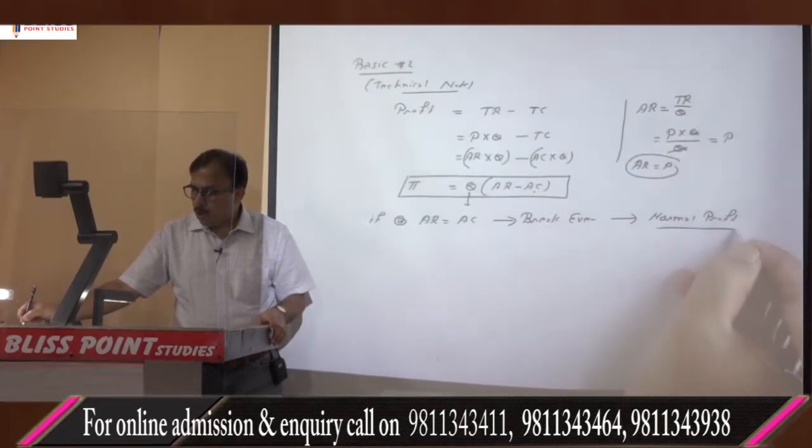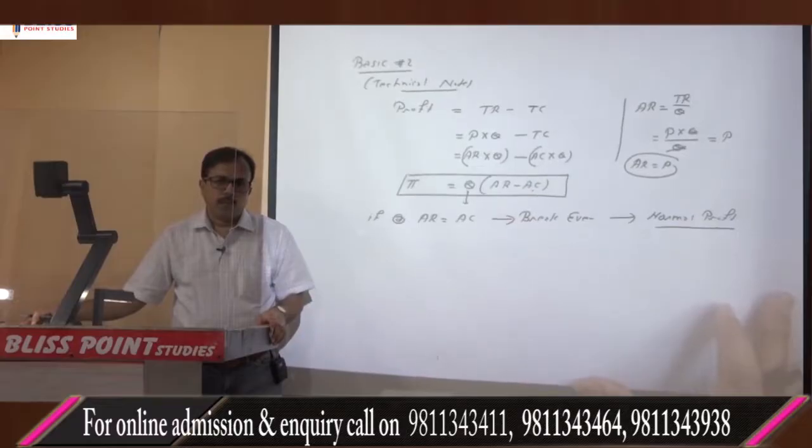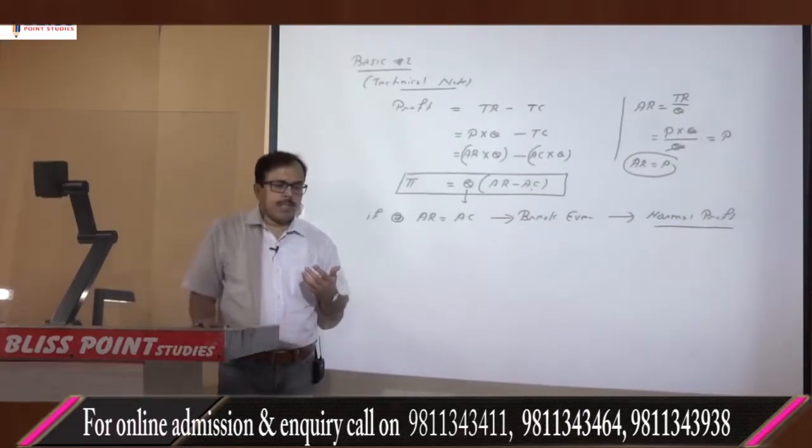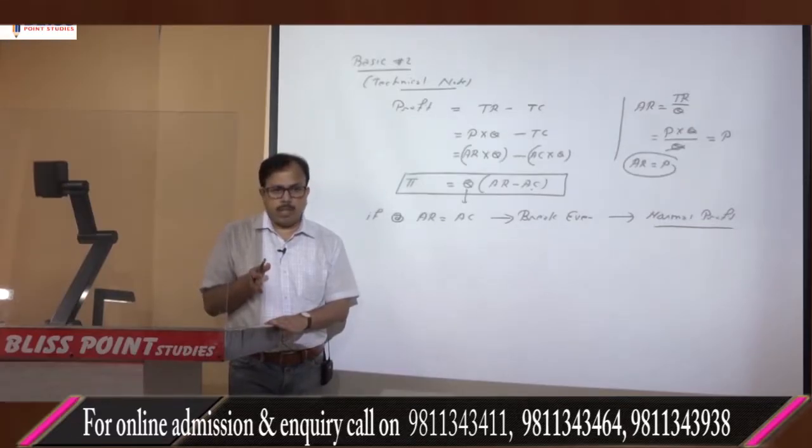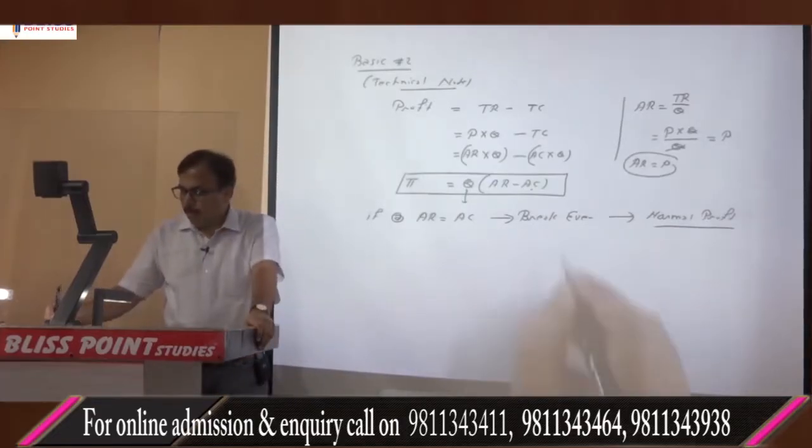Now what is the concept of normal profit? Normal profit is in fact included in cost. It is included in cost. So if you are covering the cost only, then you are earning only the normal profit. Just an example.